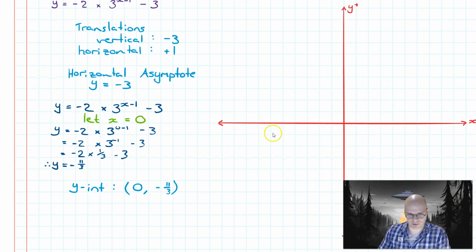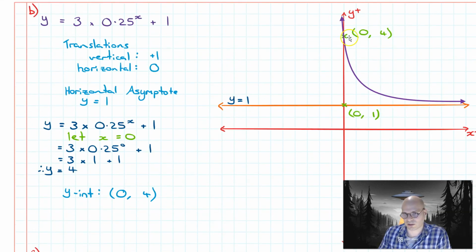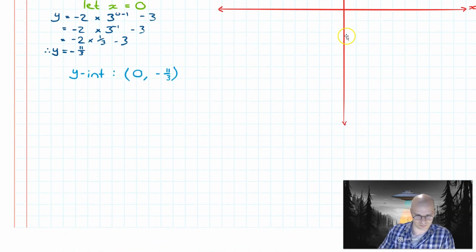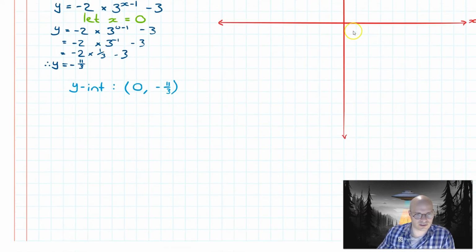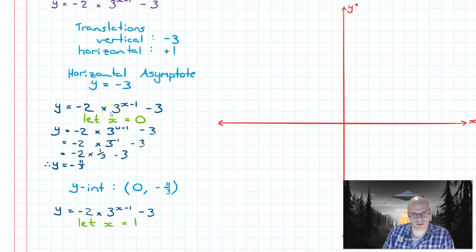So doing this, I'm going to find where the would-be y-intercept would be. To do that, I write out this relationship again, and then I'm going to say let x equal 1, 1 being the value of this horizontal translation here.